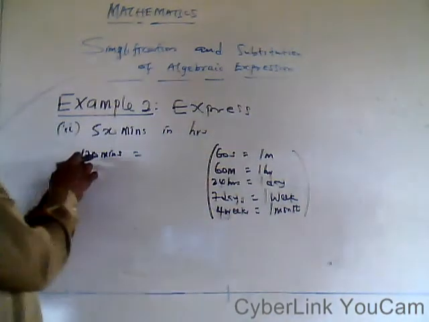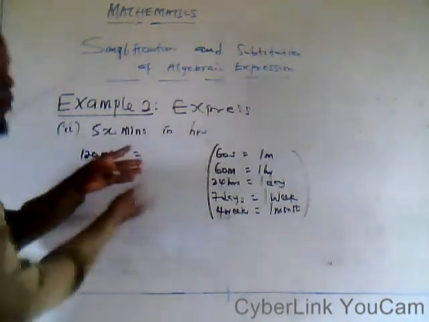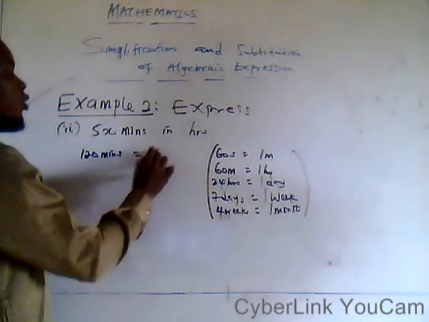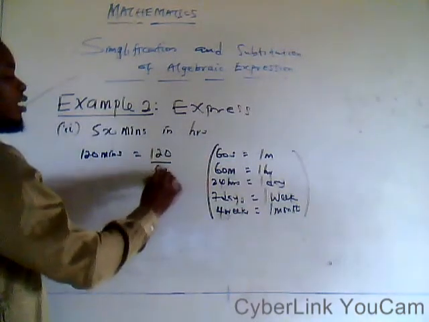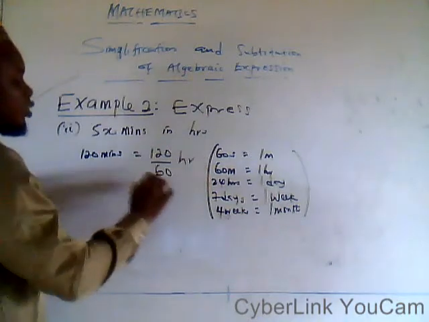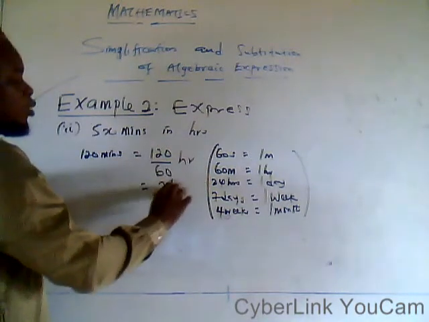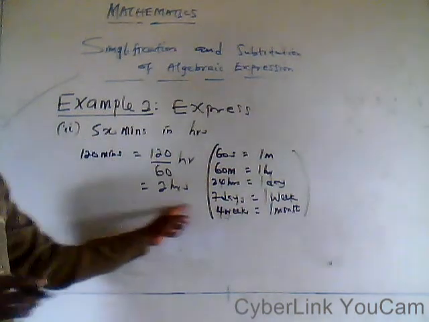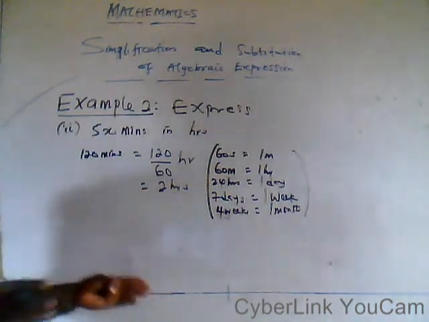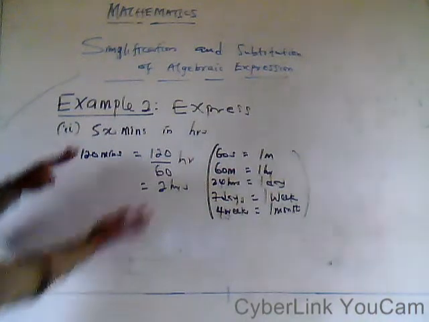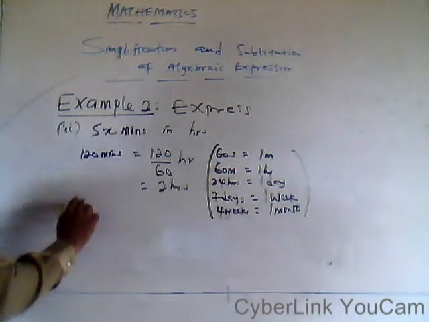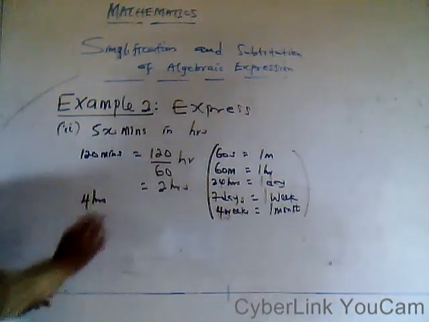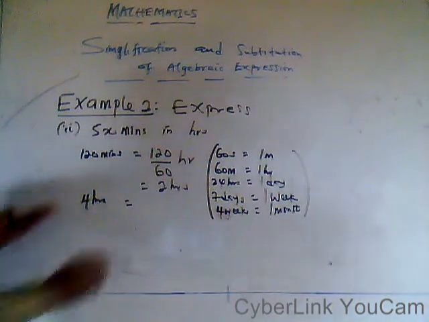So we have 120 divided by 60 hours, and that is 2 hours. Meaning 120 minutes is 2 hours. I think you get that. But if it is the other case, let's say you now have 4 hours and you are going to minutes, what is that?